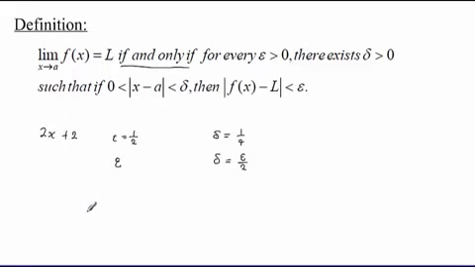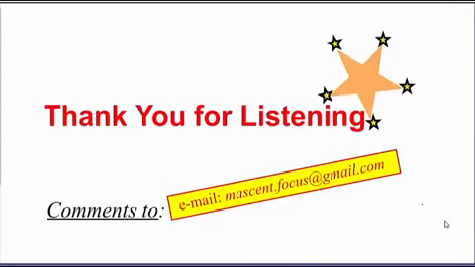For now, I urge you to take your text and look at similar examples and try to solve similar problems and get used to these kinds of manipulations. For now, thank you for listening. Meet you in future discussions.